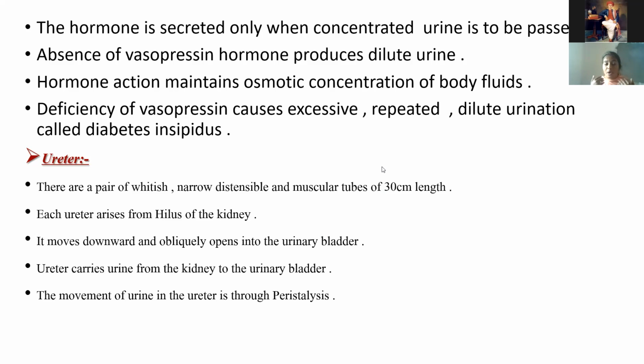That means an abundance of urine is released. When the patient has diabetes insipidus, the patient releases an excessive amount of urine. The abundant release of urine and repeated dilute urination is called diabetes insipidus.